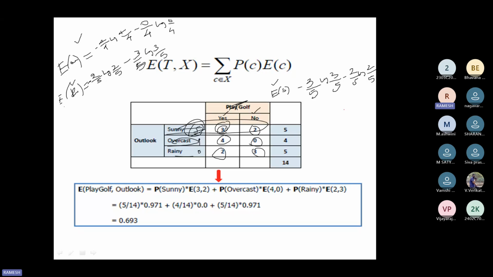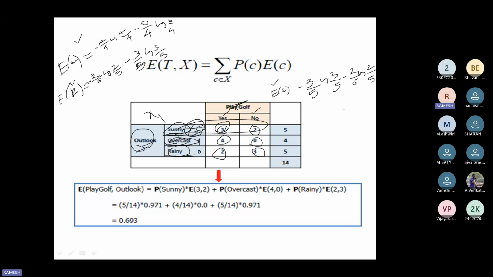Our intention is not just to calculate the entropy of sunny, overcast and rainy, but the entropy of outlook, that is the entropy of the complete column. How do we calculate it? How many sunny values are there? 5. Overcast? 4. Rainy? 5.